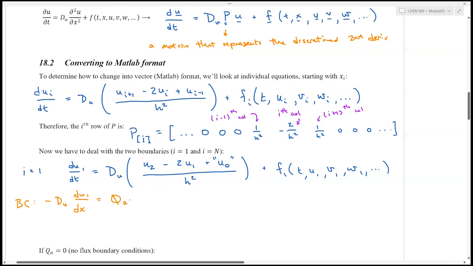Now, if you recall, what I was saying about that is that this q could be 0, or constant, or a function of t, u1, v1, w1, etc. Basically the first element in all of our state variable vectors. And because it's a minus, this is a flux to the right.